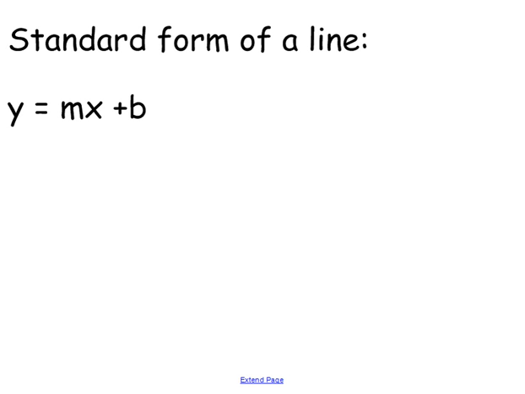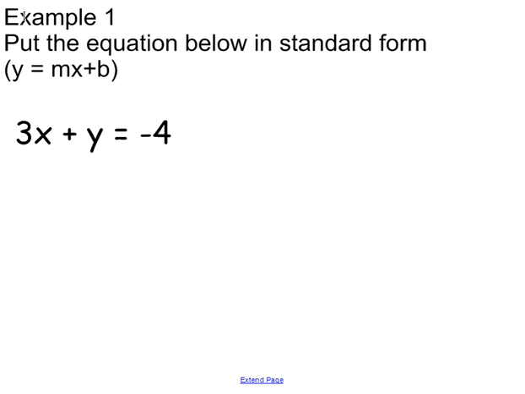And what I want to do is put the following equation in y equals mx plus b form. Here it is. I want us to put 3x plus y in y equals mx plus b form. I want it to look like this.